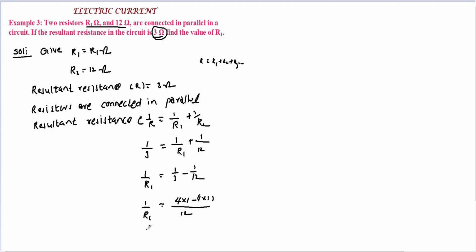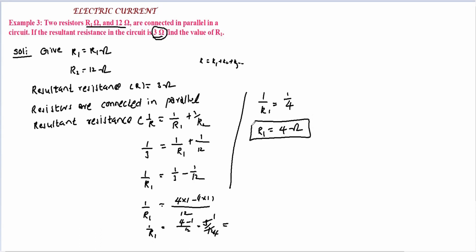So 1 by R1 equals 4 minus 1 by 12, which equals 3 by 12. 3 ones are 3, 3 fours are 12. So 1 by R1 equals 1 by 4. So R1 equals 4 ohms. This is what we needed, R1 equals 4 ohm.